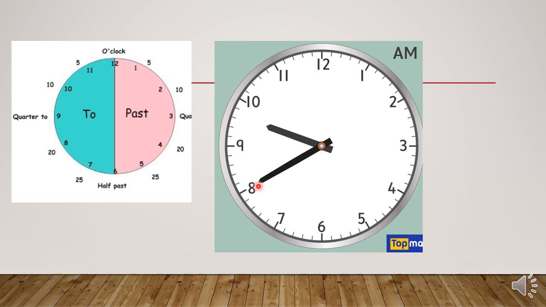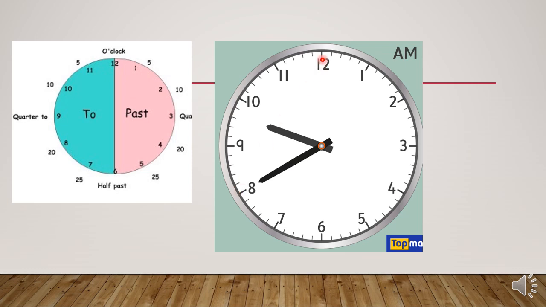You could count from the minute hand to 12, because we know when it gets to 12 it's the next hour, or you could count backwards from 12 to the minute hand. Either way would work fine, but I'm going to encourage you to start at 12 and count backwards to the minute hand, and it'll become clear why tomorrow.